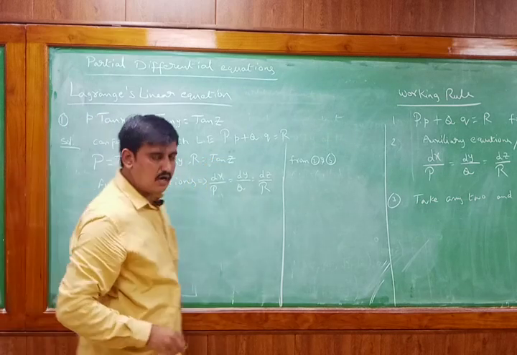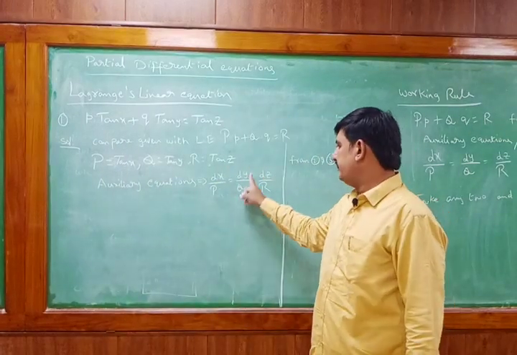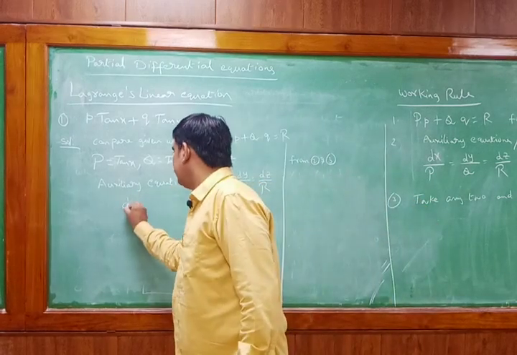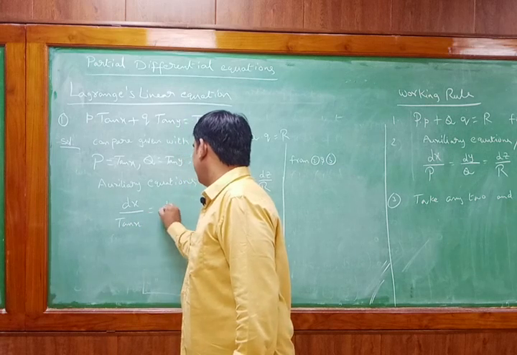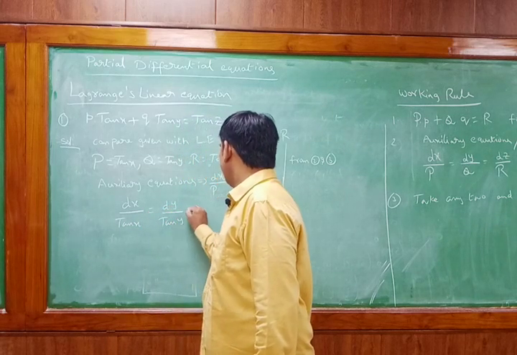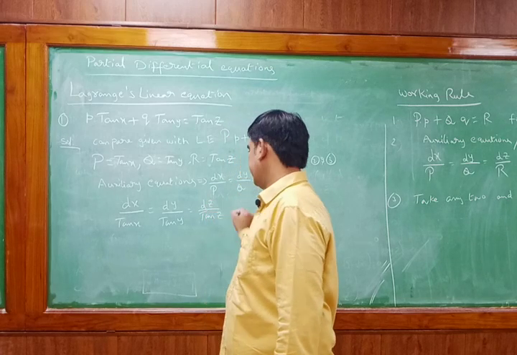Now the auxiliary equations. What is the auxiliary equation? dx by capital P equal to dy by capital Q equal to dz by capital R. So substitute the values: dx by tan x equal to dy by tan y equal to dz by tan z.